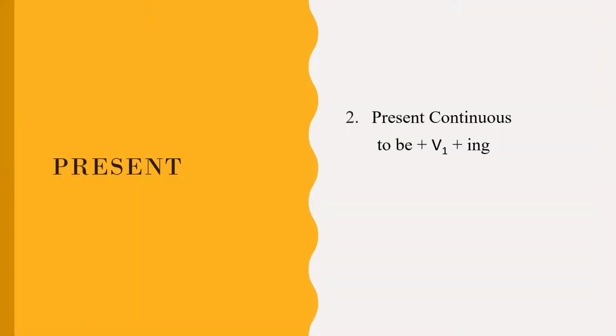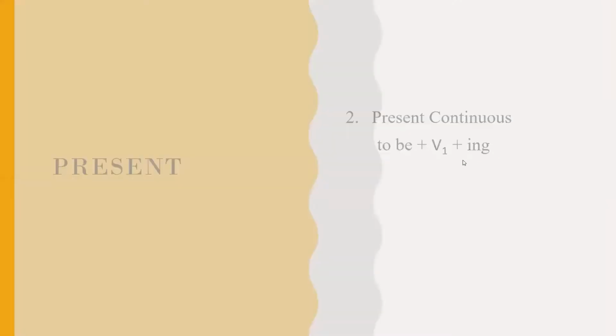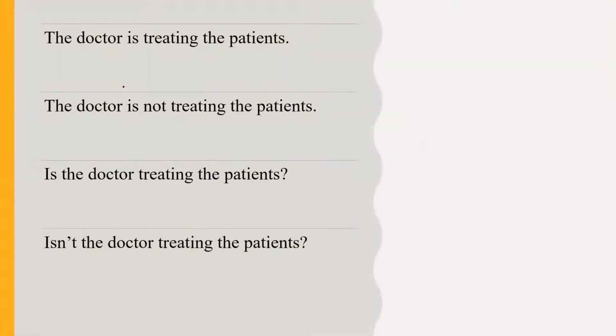The doctor is treating the patients. This is affirmative sentence. The doctor is not treating the patients is negative sentence. Is the doctor treating the patients is interrogative sentence. Isn't the doctor treating the patients is interrogative negative sentence.